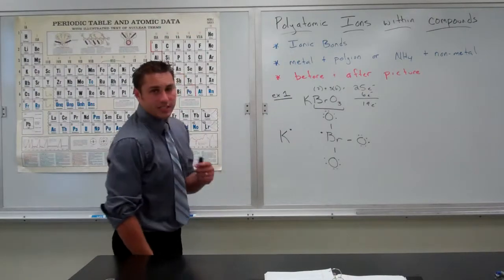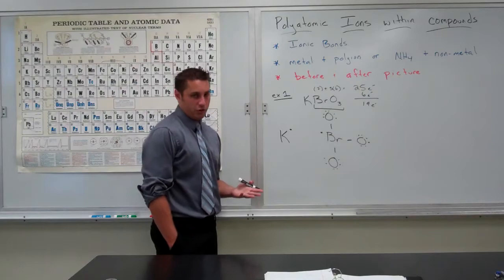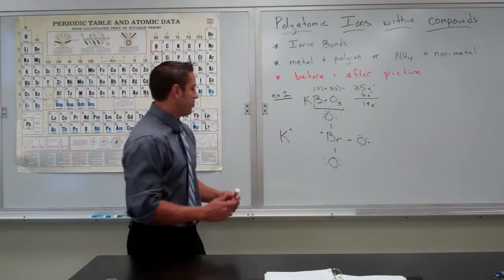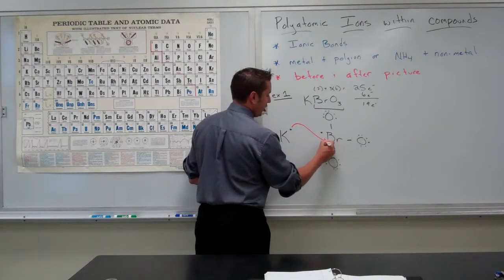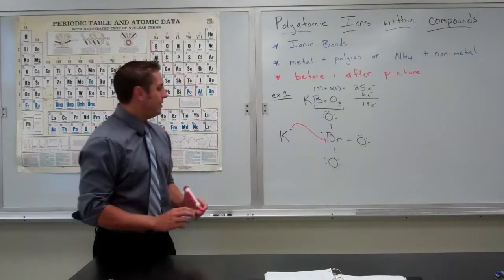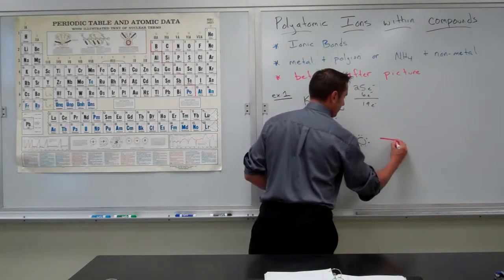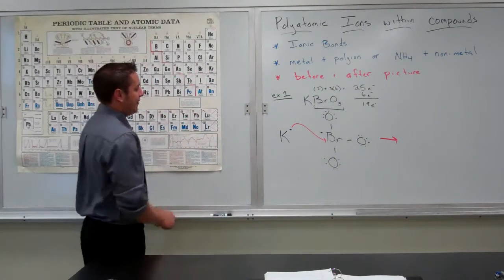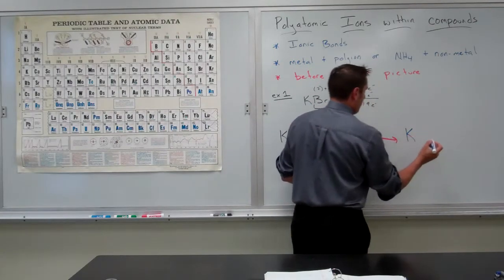So you've run into a scenario where bromine wants to gain an electron and potassium wants to lose an electron. And that is exactly what happens. We see a transfer of the electron from potassium over to bromine. So then if we go and draw ourselves an after picture, I still have potassium.